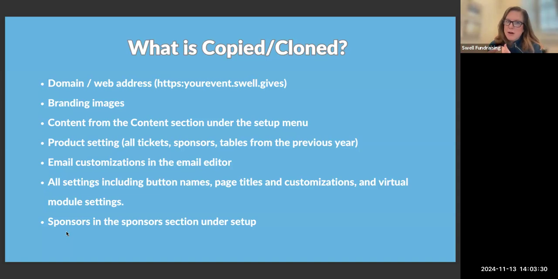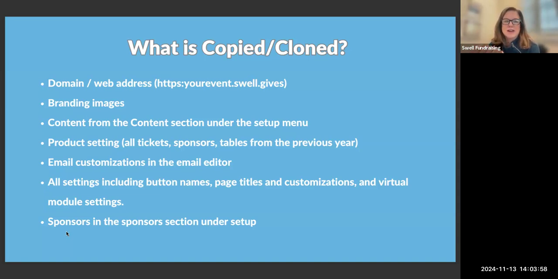Your URL copies forward, along with all of your branding images from the previous year, all of your content from all of the content sections, all of your product settings, your tickets, your sponsors, your tables, the table names, however many tickets, all of that is there, even down to how many you initially started with. So if the venue had 500 tickets and you set it to have 500 tickets, that's what you'll have.